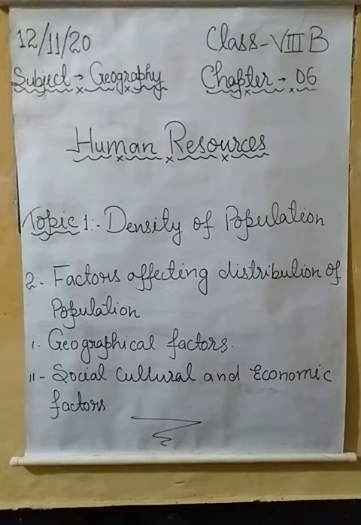So we have to learn and understand why and how. There are two types of factors responsible for the unequal distribution of population all over the world, in which first are geographical factors.